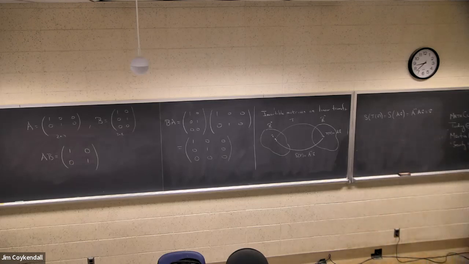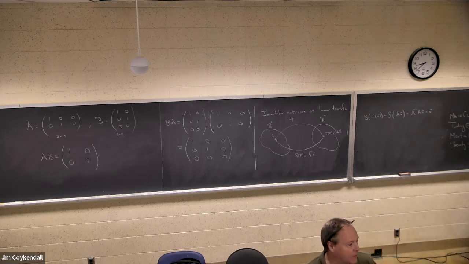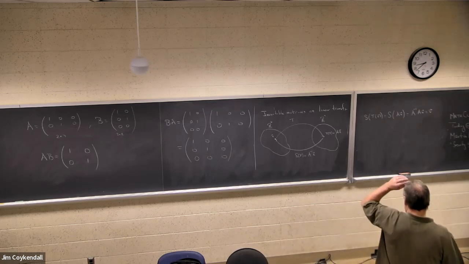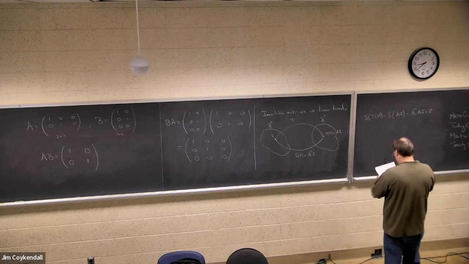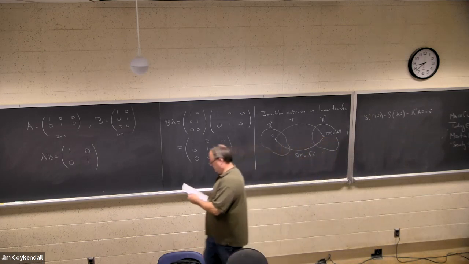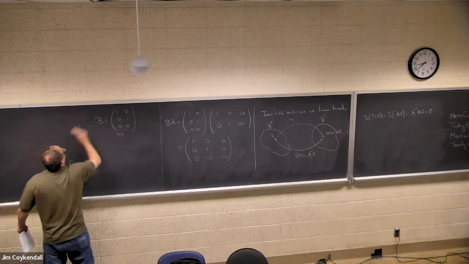So what the inverse matrix does, if you think about this as linear transformations, is it's like an inverse function. You put something in, you do your function, you take your inverse function, it gets you back. You all remember inverse functions, right? How do you invert the exponential? You use the natural logarithm. How do you invert sine of x in the appropriate domain? You use the inverse sine, right? And this is the same thing going on here. So let me formally write this down.